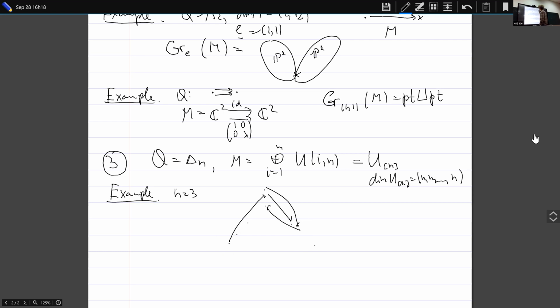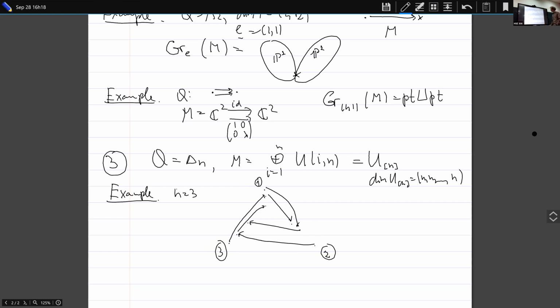Say this is vertex 1, this is vertex 2, and this is vertex 3.